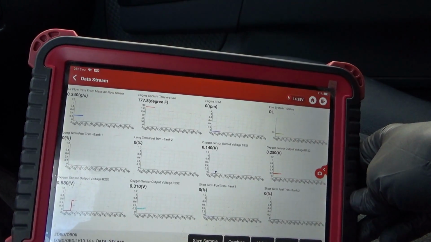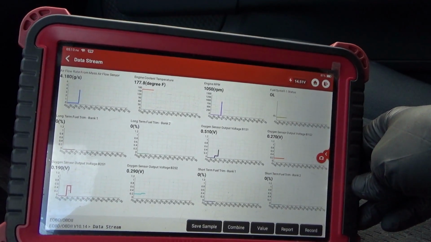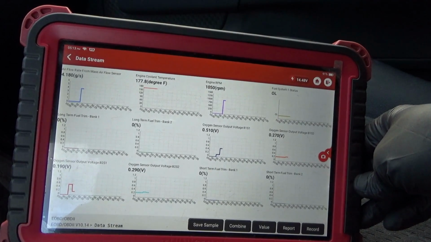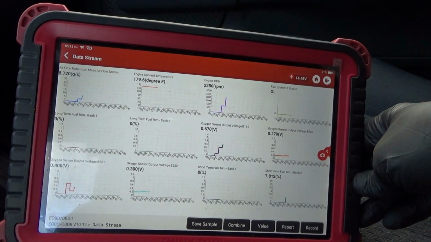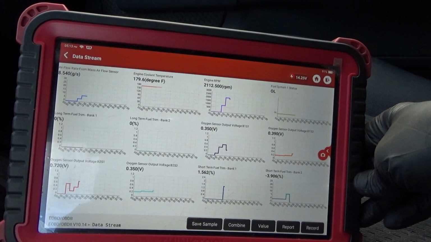Okay, let's get this thing in a closed loop. There we go.